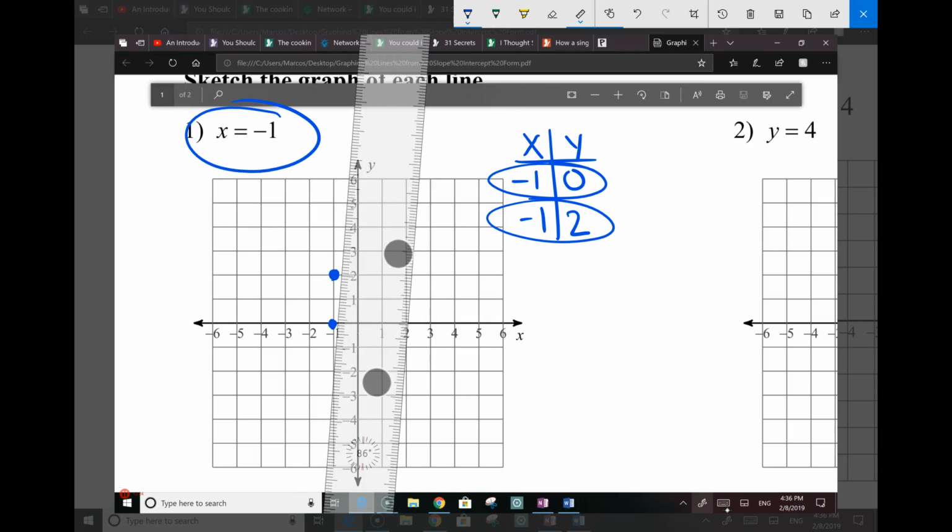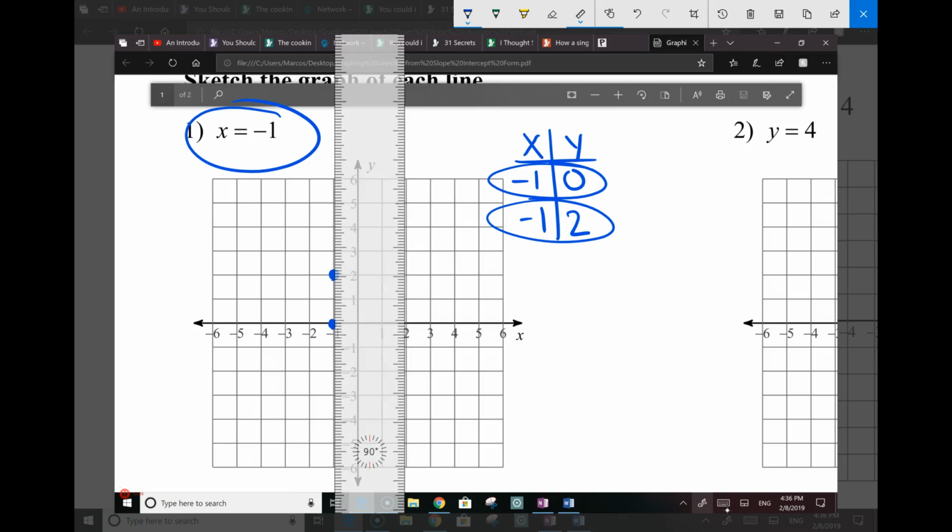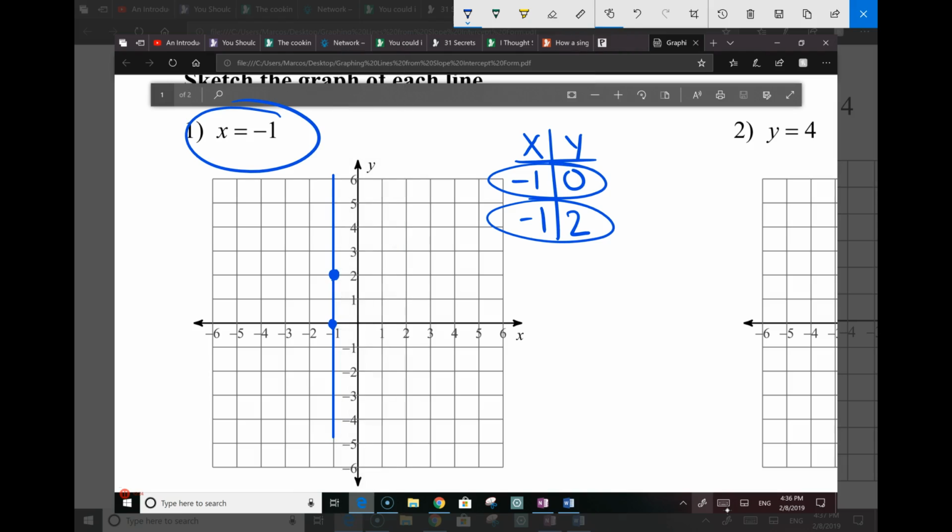Now when I connect these, if you haven't noticed already, this is going to be a vertical line. And this vertical line contains points that are all -1 space. They're 1 space over to the left of the origin, the beginning point, which is right there at the center. The entire line is 1 space to the left of the center.